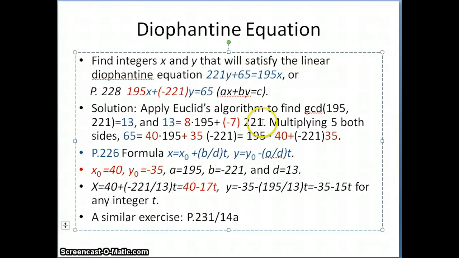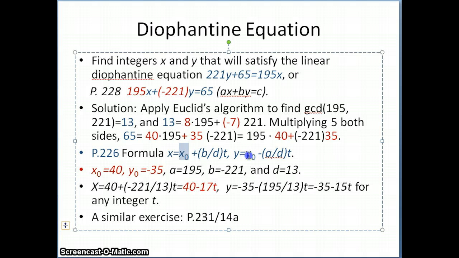First we find one particular solution for x and y, and then we use the formula given in the textbook to find all the other solutions. This is the formula on page 226. In the formula, x represents the unknown we want to solve, and y is the unknown we want to solve.